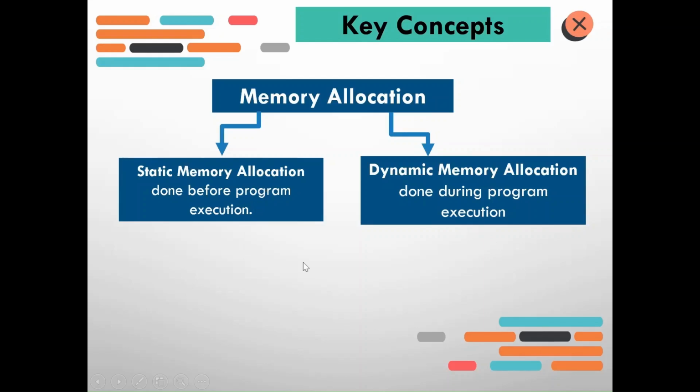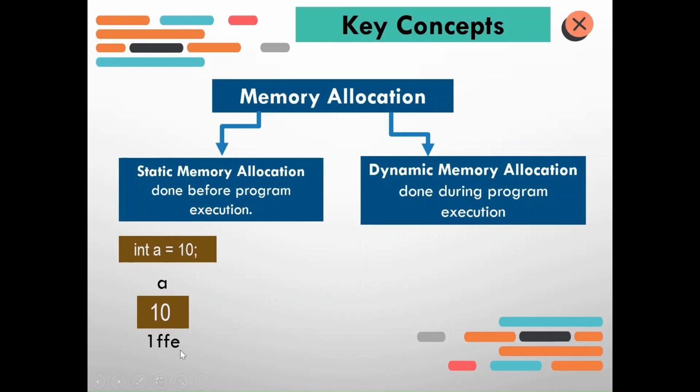Static memory allocation is done before the program execution, whereas dynamic memory allocation is done during the program execution. So if I say I declared a variable called a with a value of 10, it would be declared like this. You have the name of this cell as a, 10 would be stored there, and this is a hypothetical address I am assigning.